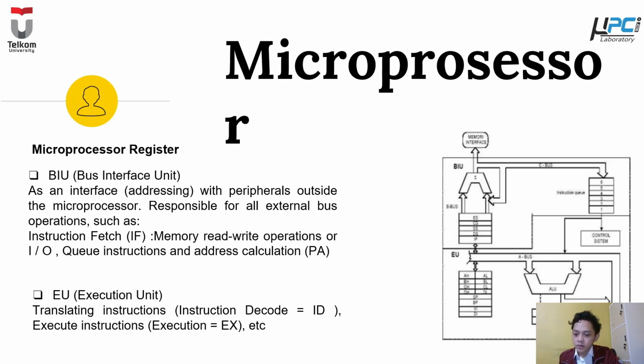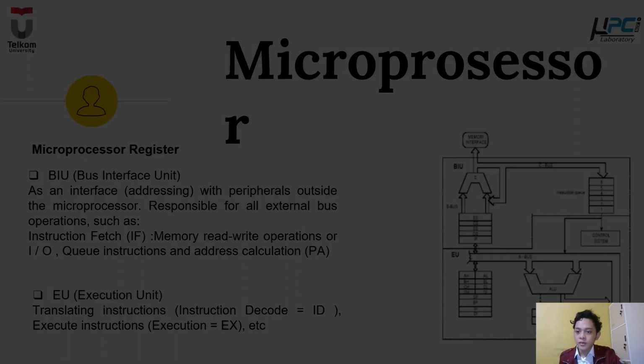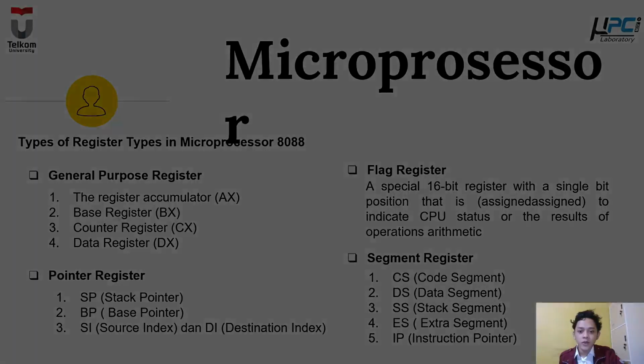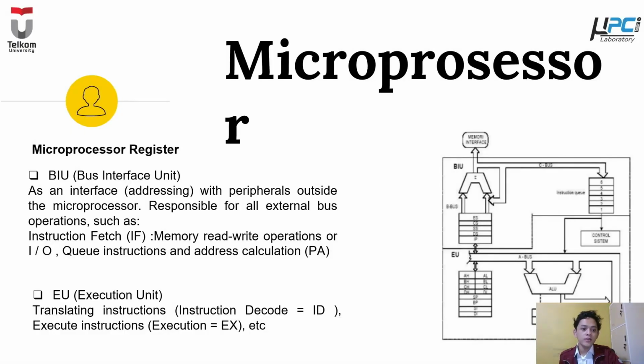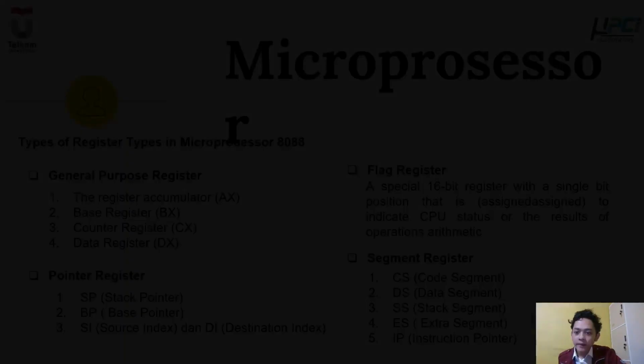And now EU, execution unit. So execution unit is about translating instruction or instruction decode, execution instruction, and etc. So above me is the architecture of microprocessor.